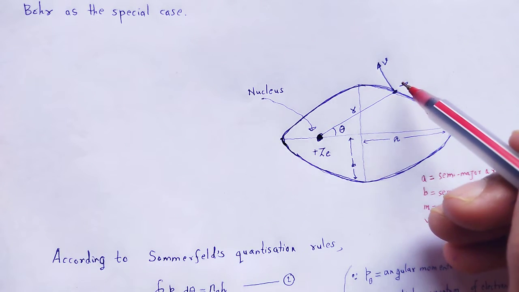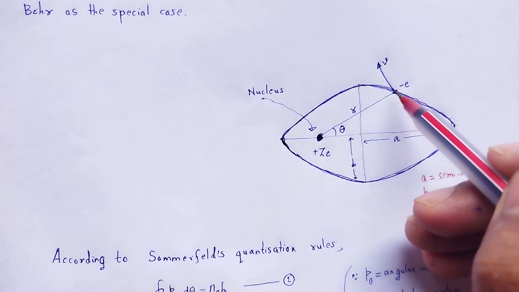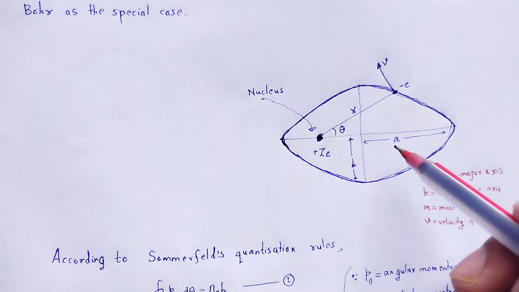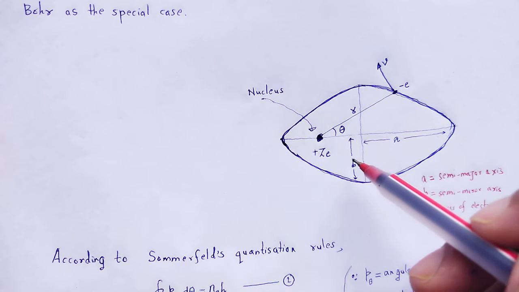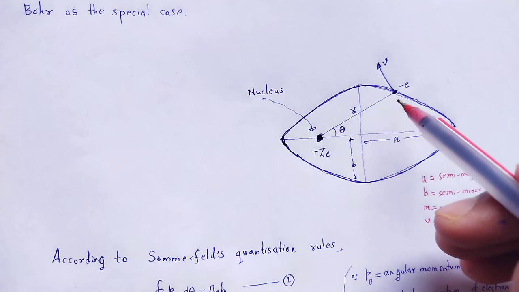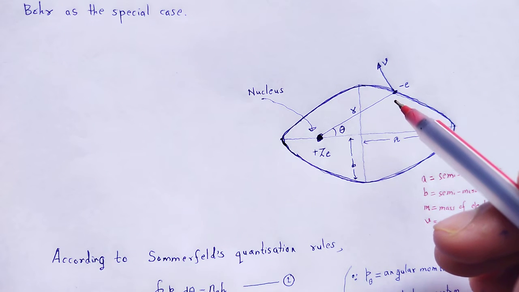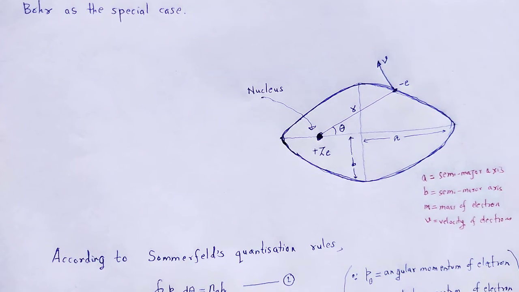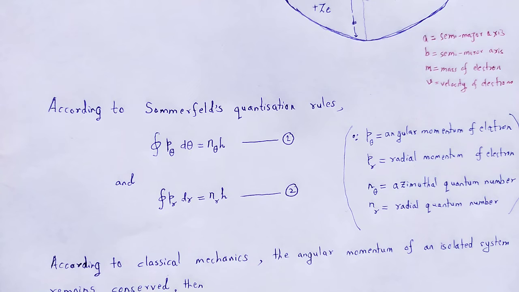Since radial momentum as well as angular momentum occur in an elliptical orbit in a periodic manner, these quantities are quantized in nature. Therefore, Sommerfeld used the quantization rule.